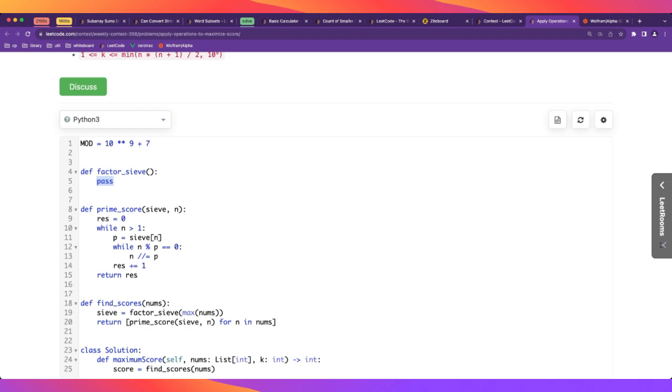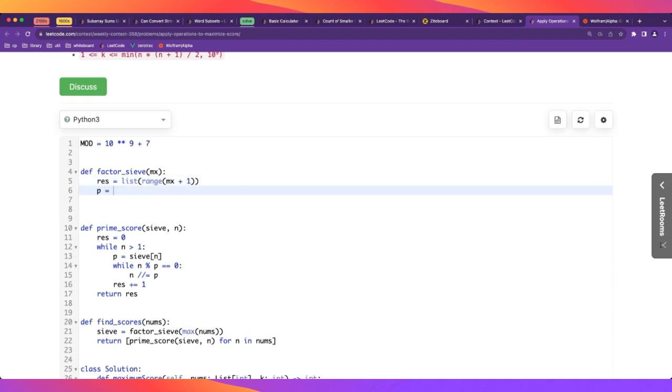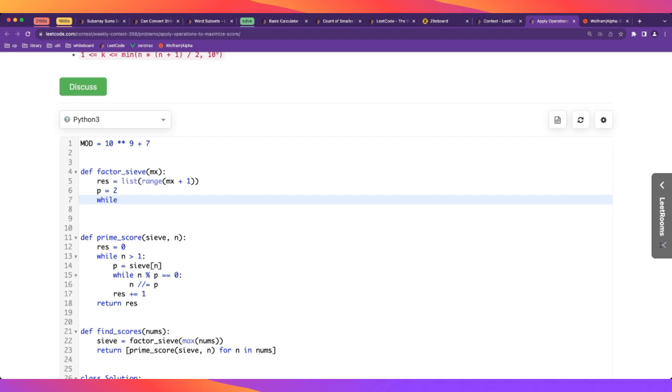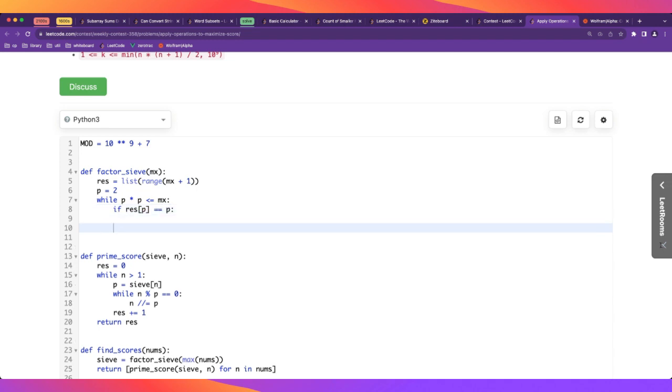And now for the sieve, this is very standard code. You can look it up as well. This receives the maximum value that we care about. And so we start. This is the same idea as a sieve. We only need to go up to the square root of the maximum value, and if the prime of p is p, then it means that it is prime.